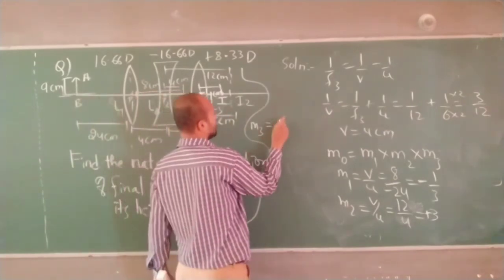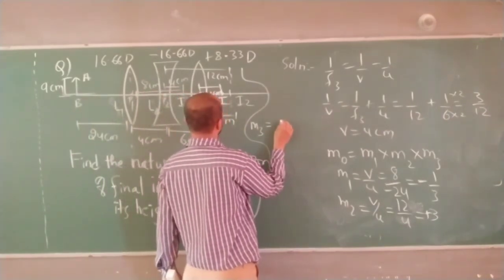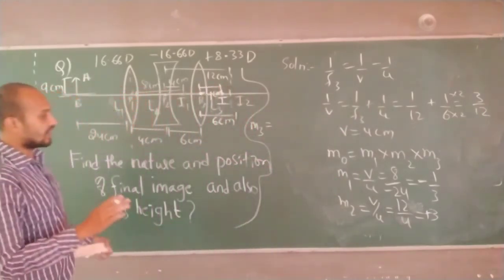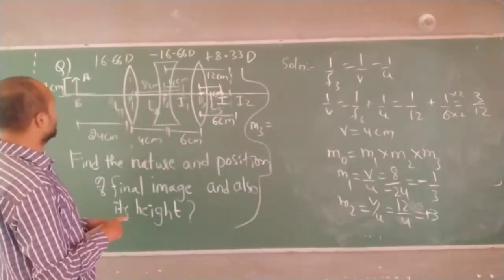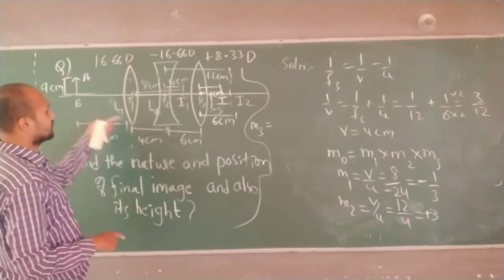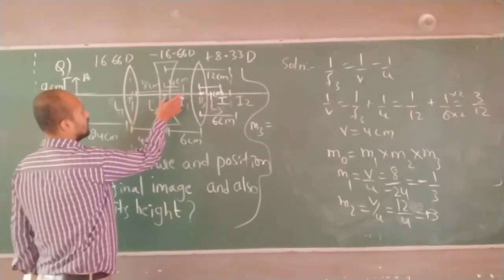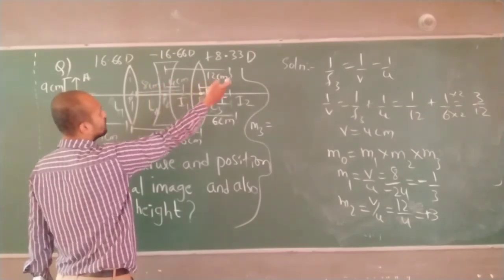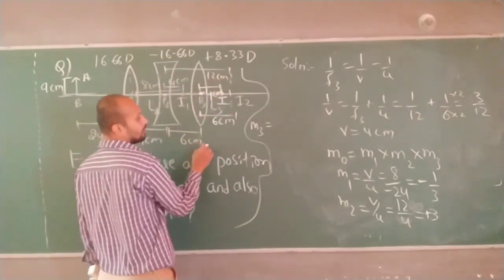Did I write correctly? Sorry guys, I have made a mistake here maybe. Wait, this is 8 centimeter. He was the object for this 4. Correct. For the third case, what happened?